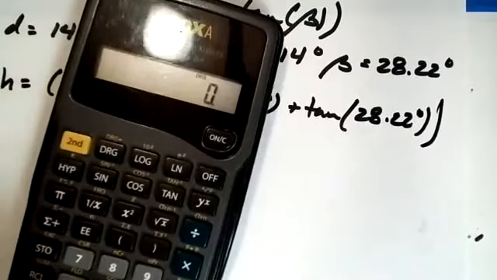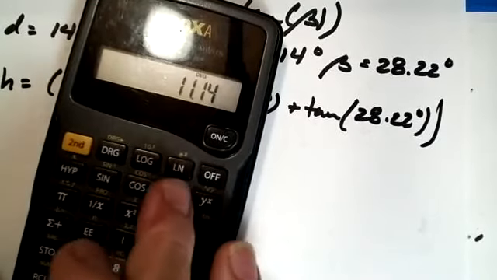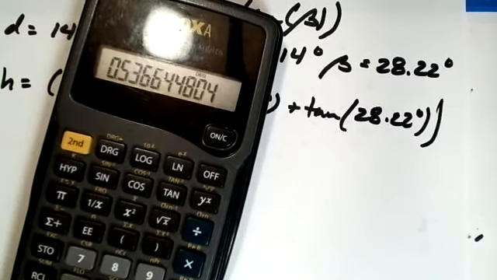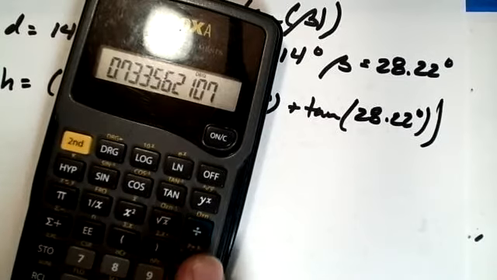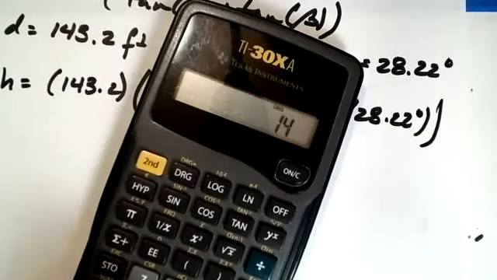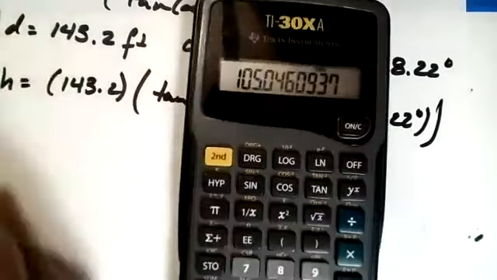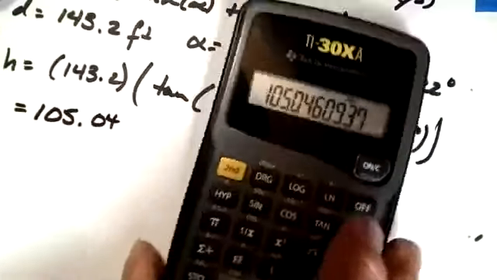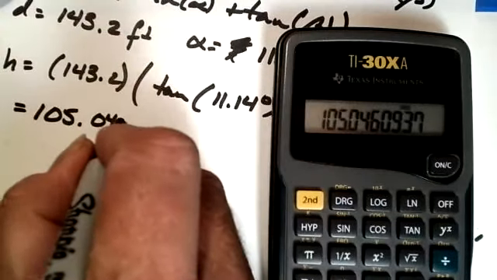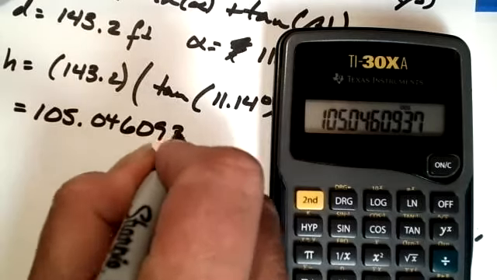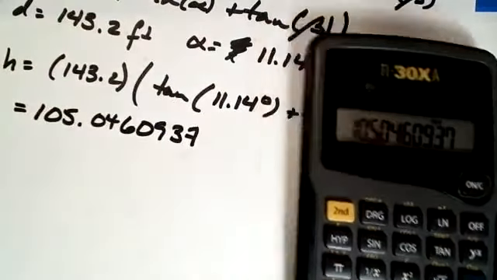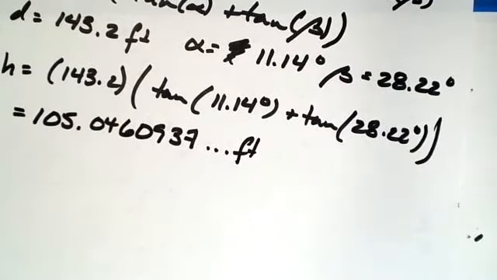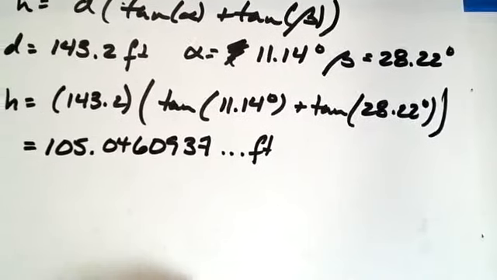And when I calculate this, I get 11.14, take the tangent, plus 28.22, take the tangent. Now multiply this number by 143.2, and I end up with 105.04609337, etc. So let's go back to the problem and say, well, how many digits of significance should I use?